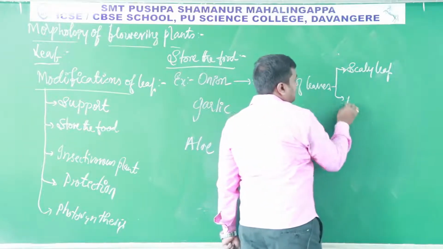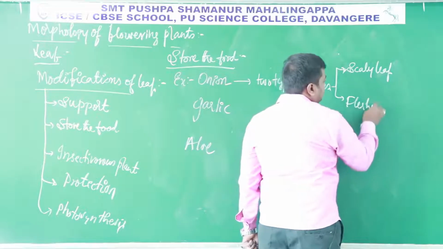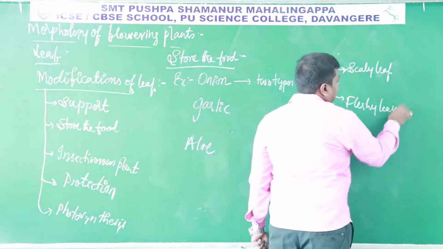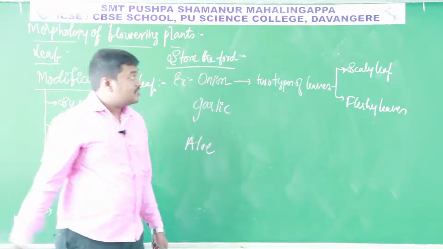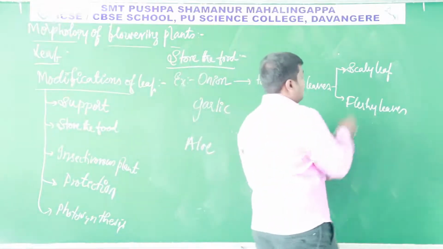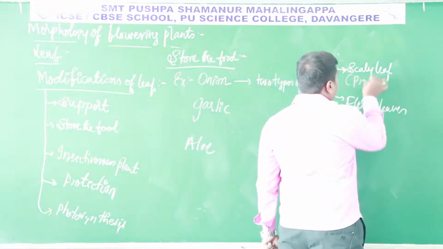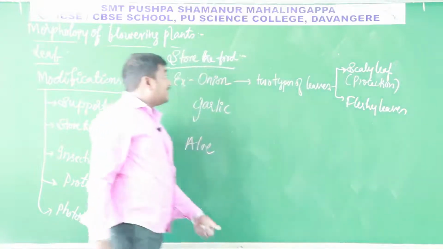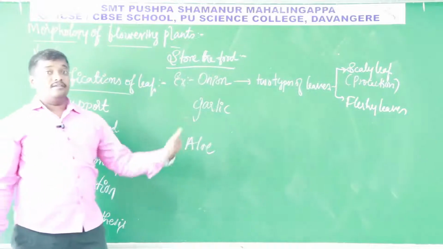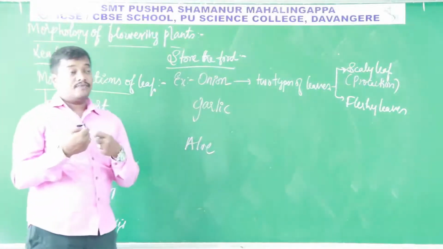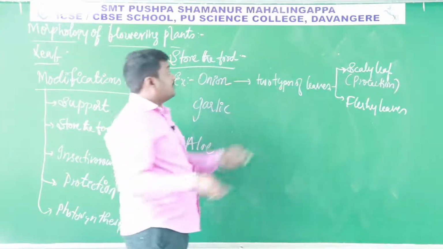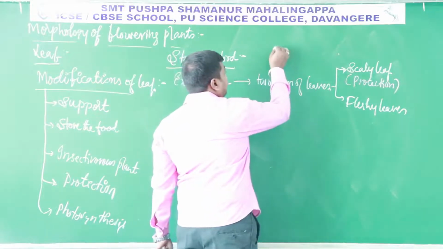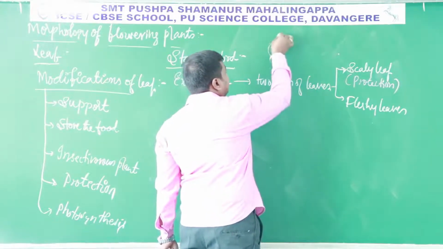and inner fleshy leaves. Okay, so these are scaly leaves meant for protection. And one more thing is, in case of onion, leaves are circular. So when you cut the onion, you can find the ring-like structure.